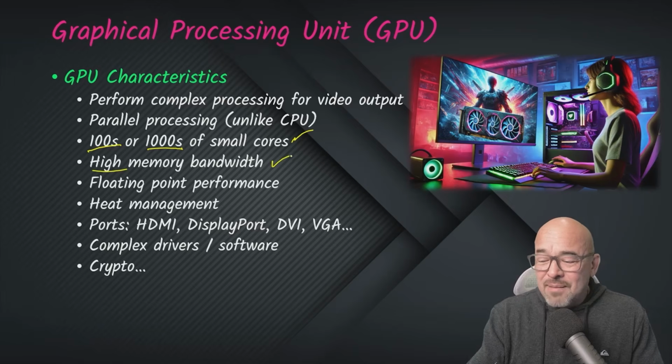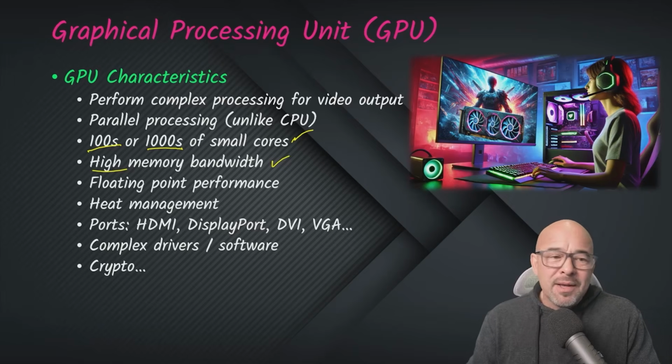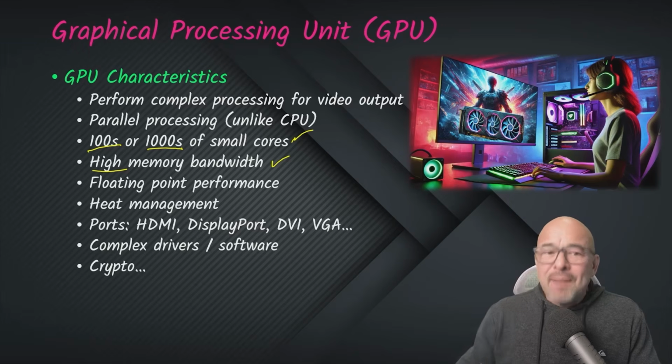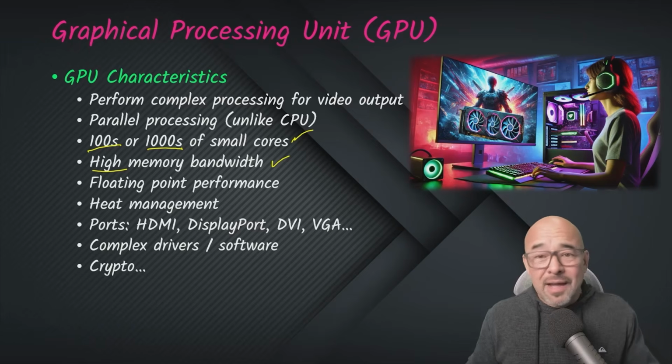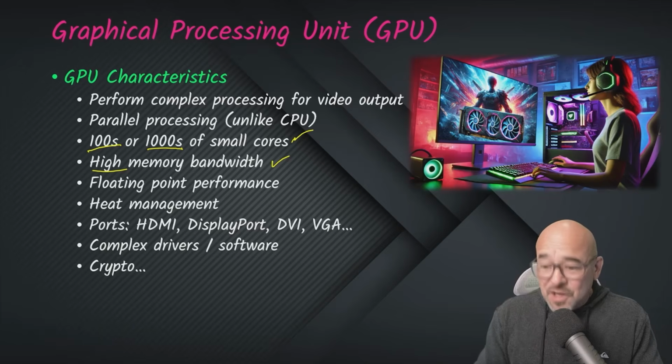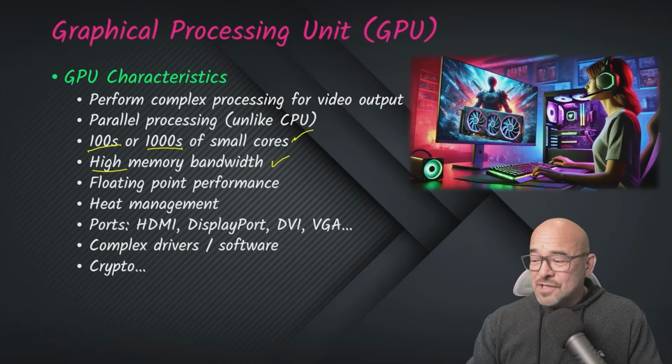And it has very high memory bandwidth. Remember, your CPU has to communicate with the RAM, and it does that through the bus. That bus is only going to allow so much bandwidth. Now, it's high in most modern motherboards, which is good. But a GPU often has memory on board.